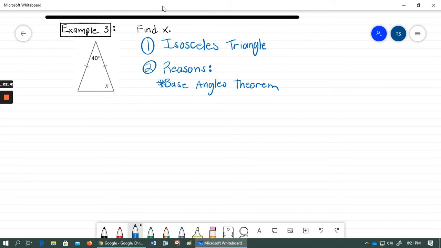According to the base angles theorem, if we've got those two congruent sides right here, the angles that are opposite of them are going to have to be congruent as well. So if one of these is x, that means that the other angle there is x, right?